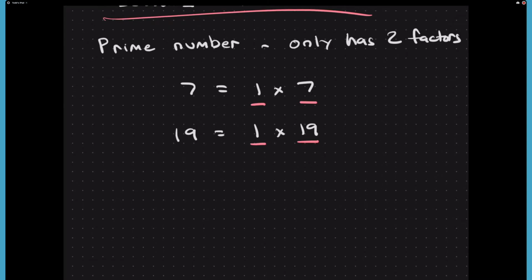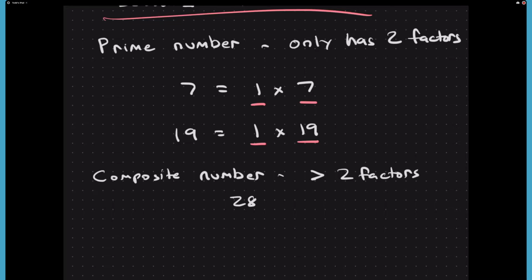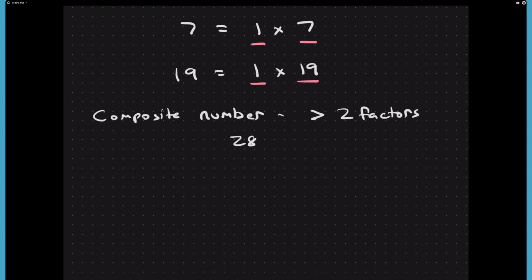Now, the opposite, I guess you could say, of a prime number would be a composite number. And a composite number has greater than two factors. So an example would be the number 28. What two numbers will multiply together to equal 28?